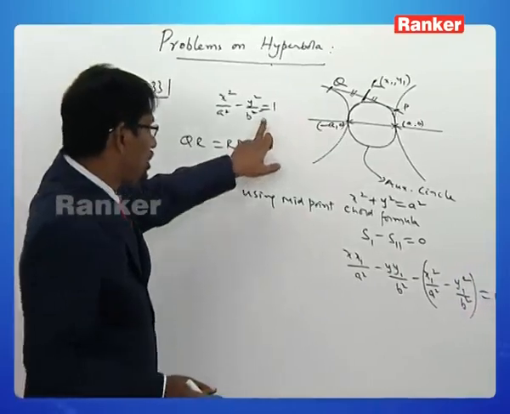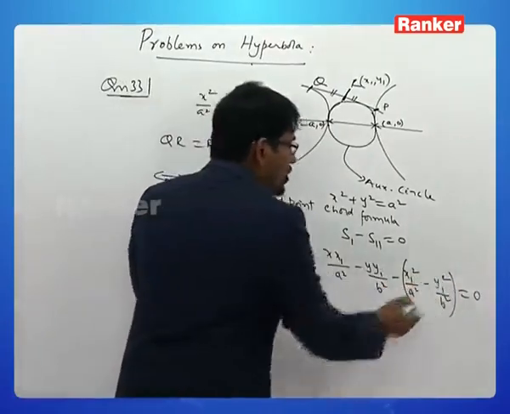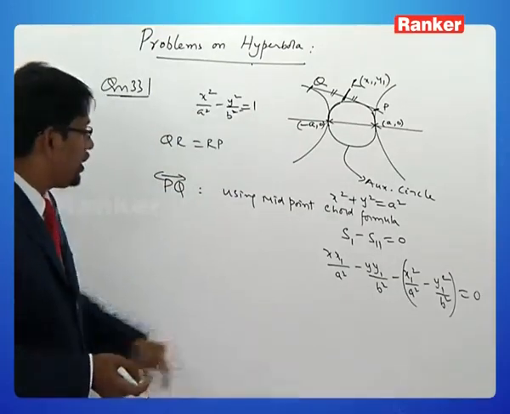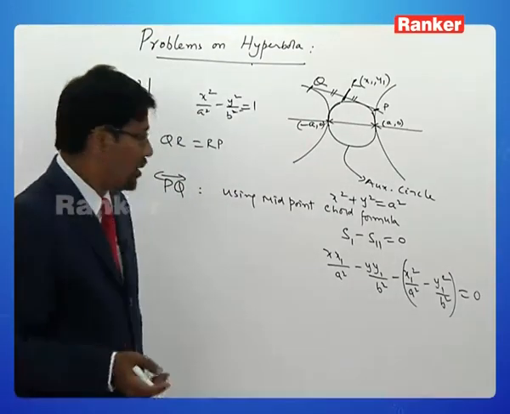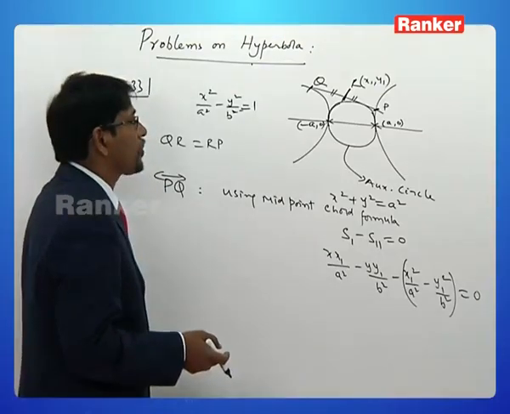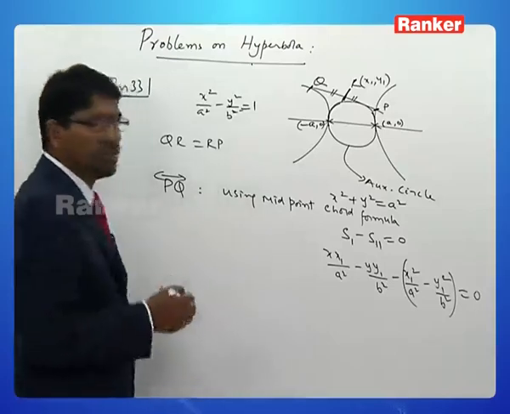Actually there will be a minus 1 here, a minus of minus 1 will make it plus 1, and that plus 1 and minus 1 will cancel. So I am only getting this equation. So this is S1 minus S11 equal to 0, that is the equation of our PQ.